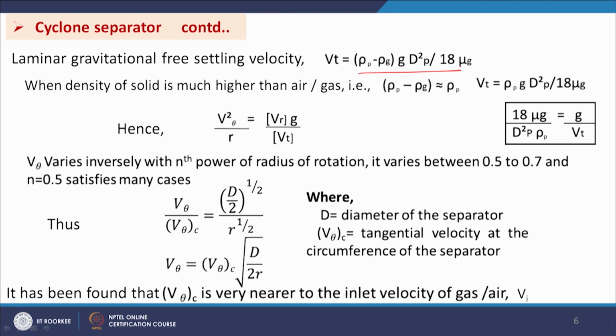That is our V t, and when the density of the solid is much higher than air, the particle density is very high and the air density, as you know, is less, in that case this difference can be approximated as rho particle.